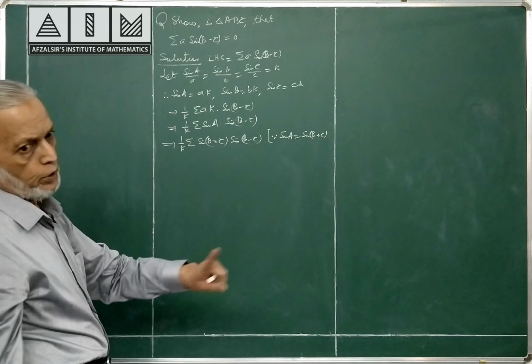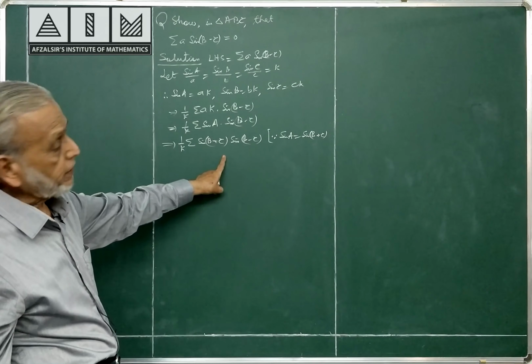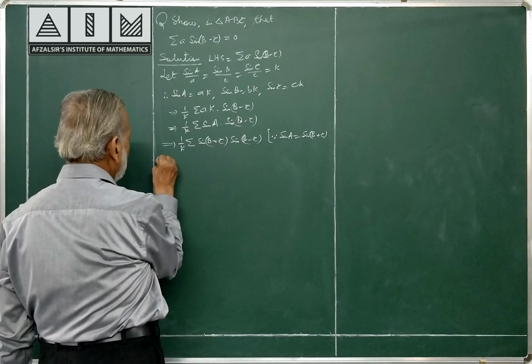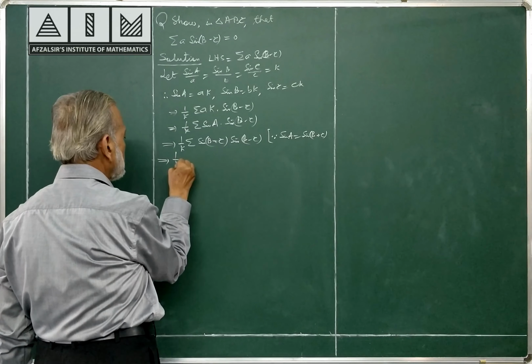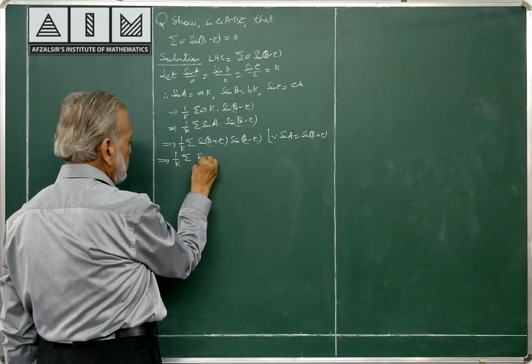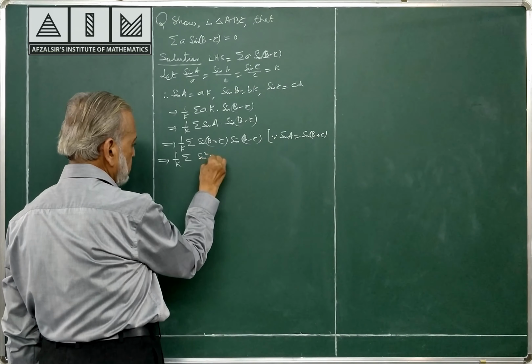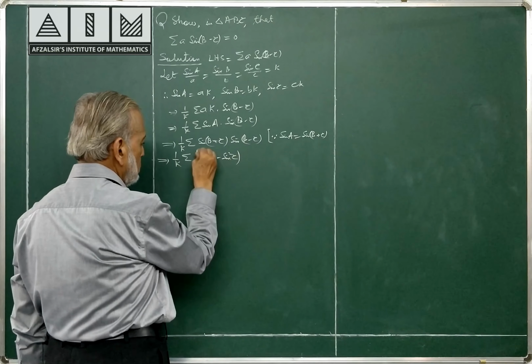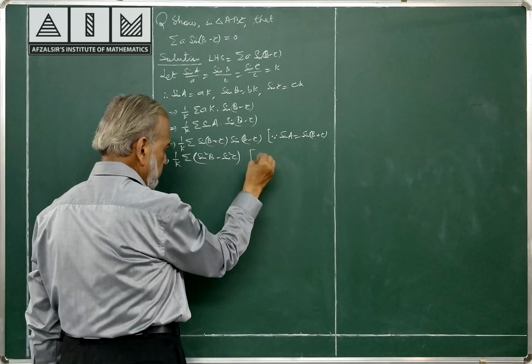Now there is a formula, sin(A plus B) into sin(A minus B) is sin square A minus sin square B. Accordingly, this will become sin square B minus sin square C. I want to quote the formula here, please see.